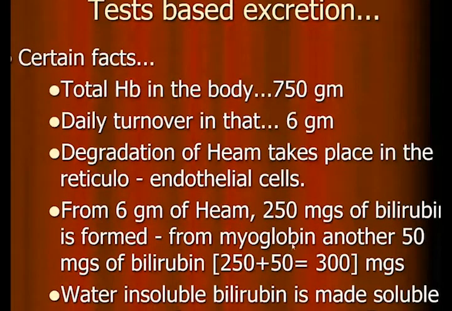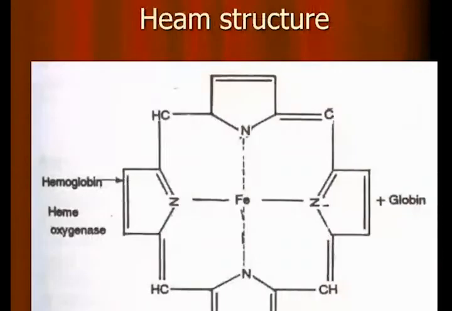For that, you have to take it to the liver, and the conjugation takes place in the liver. After conjugation, this water-soluble bilirubin will be converted into stercobilinogen and urobilinogen. Urobilinogen will be excreted in the urine, and stercobilinogen will be excreted in the stool. Everything we have already told you. This conjugation takes place with glucuronic acid in the liver. So these facts are very, very important to you.